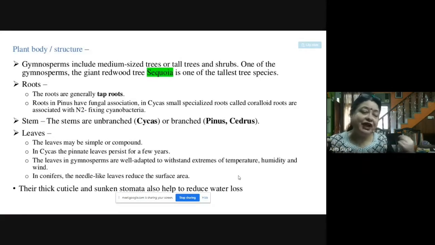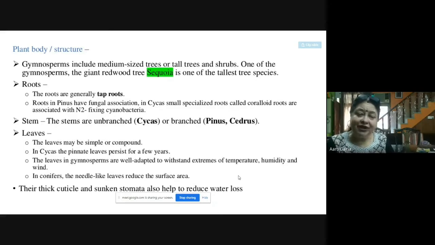So conifers are present in the deserts. There you can find the structure of leaf is needle-like, which can withstand the wind currents, and at the same time it will reduce the surface area to prevent the loss of water.